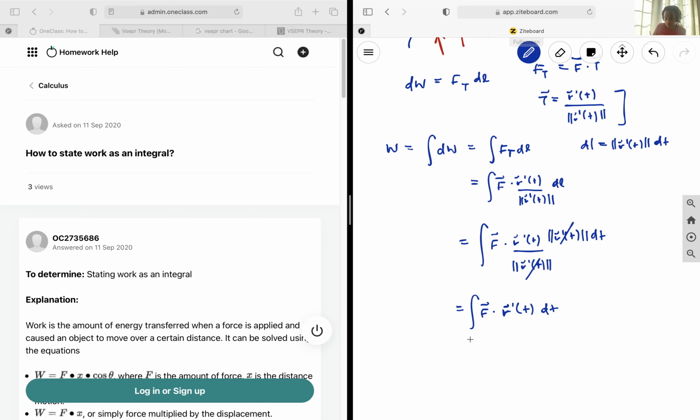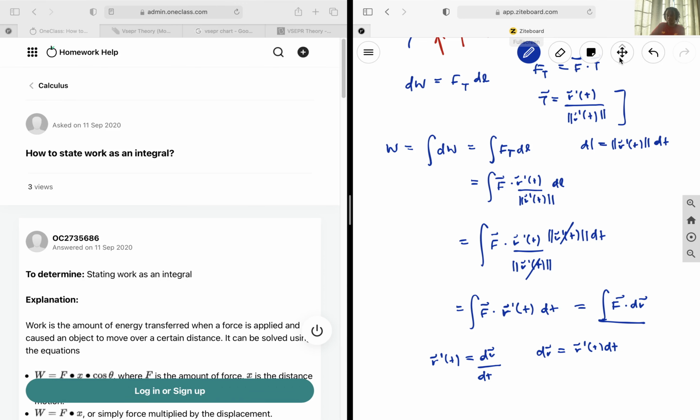And then lastly, you just need to remember that r prime of t is equal to dr over dt, which means that we can state dr is equal to this, which will simplify this to become the integral of F dot dr, and this will be our final answer.